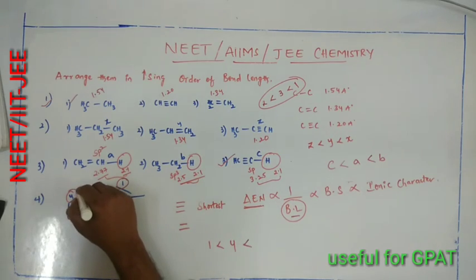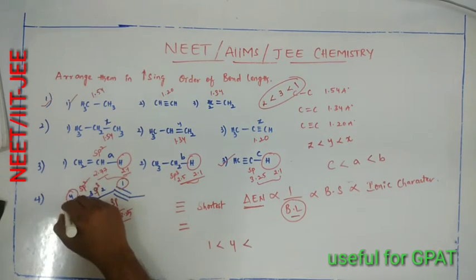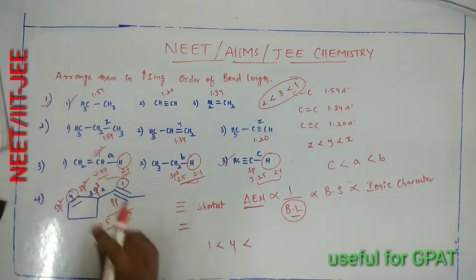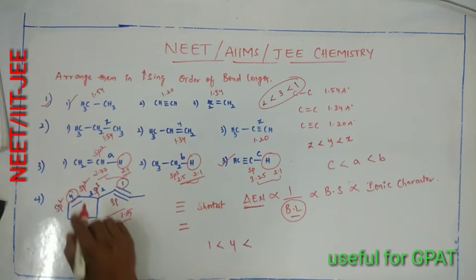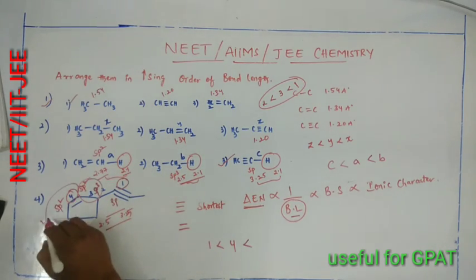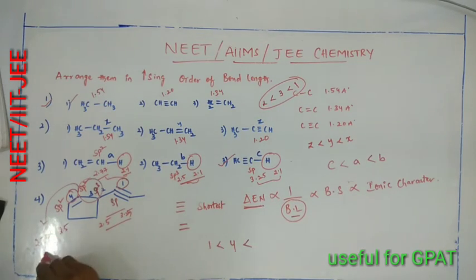The third one is sp2 hybridized and this one is also sp2 hybridized. For sp2 and sp3, the electronegativity values are 2.77 and 2.5. So with less electronegativity difference, there is more bond length.